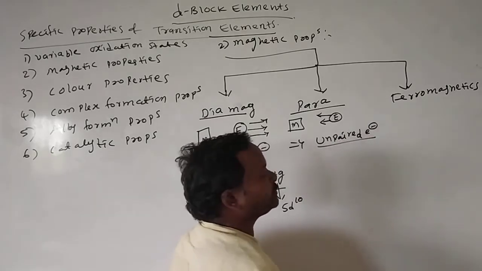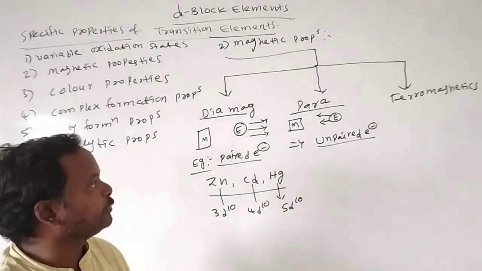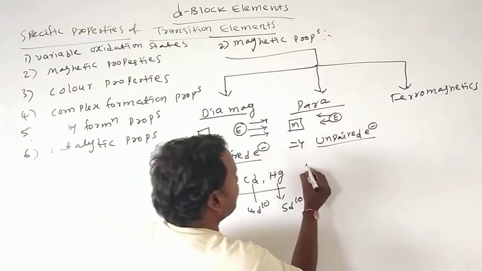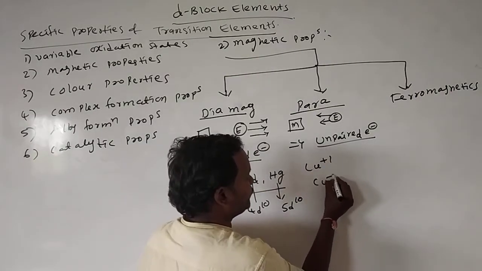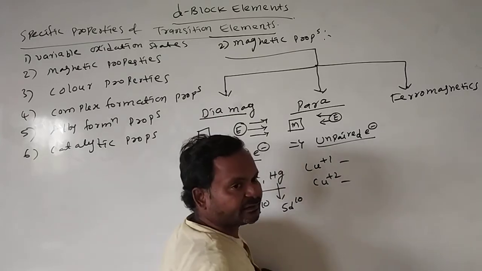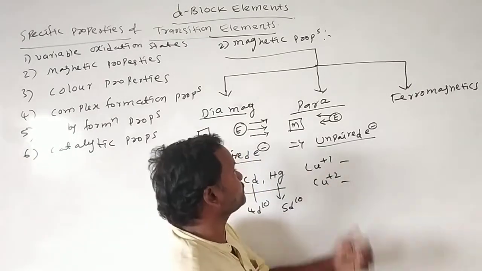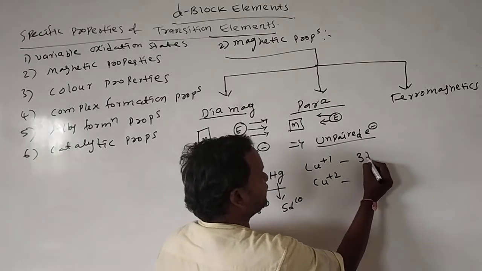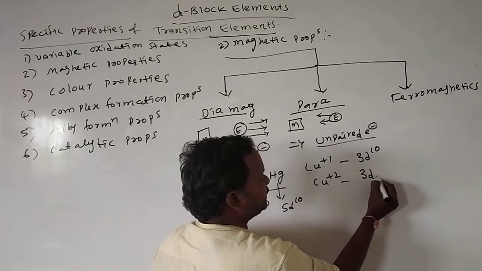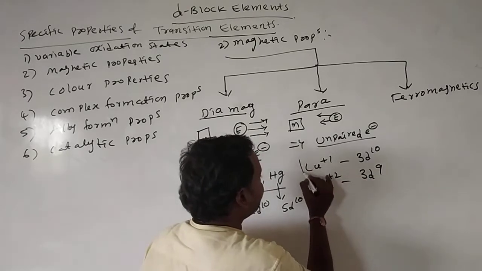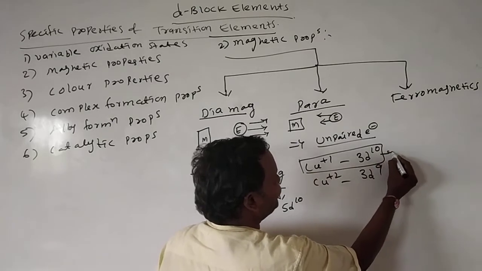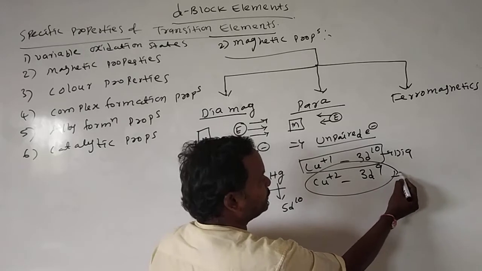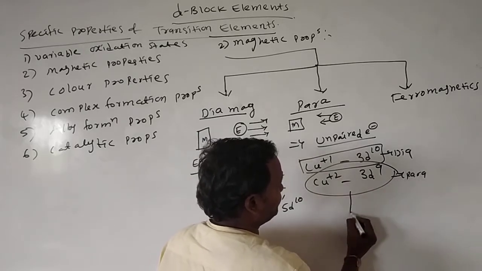Suppose for example Cu+1 and Cu+2: which is paramagnetic and which is diamagnetic? Cu+1 means 3d10, Cu+2 means 3d9. Cu+1 has a completely filled orbital, so it is diamagnetic. Cu+2 has unpaired electrons, so it is paramagnetic.